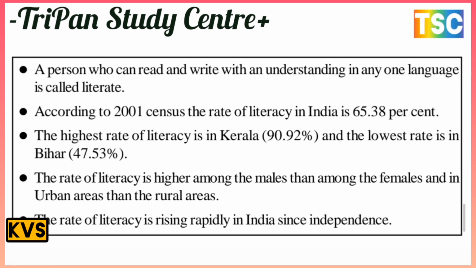The highest rate of literacy is in Kerala at 90.92%, and the lowest is in Bihar at only 47.53%. The rate of literacy is higher among males than among females, and in urban areas than in rural areas. The rate of literacy has been rising rapidly in India since independence.